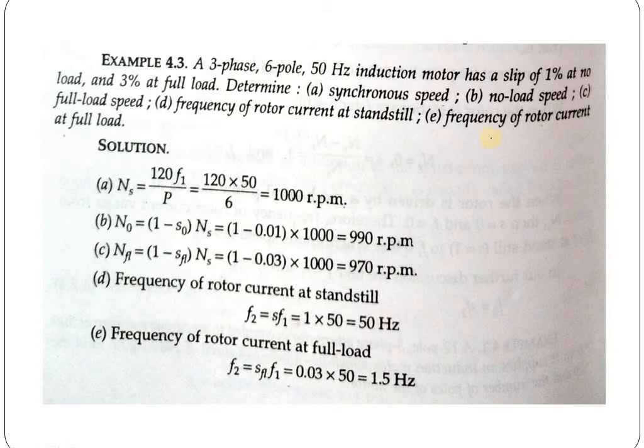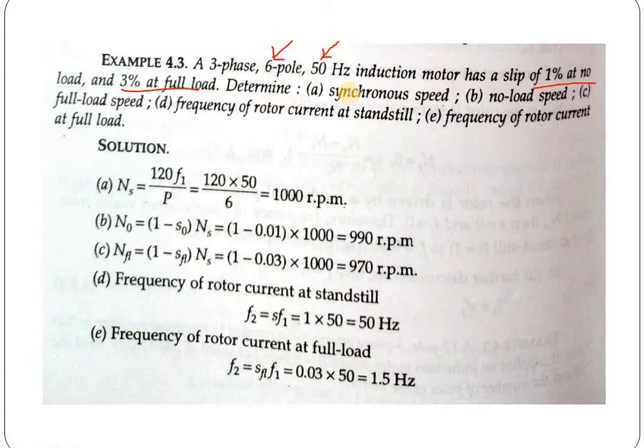That means in this problem the number of poles is 6, 50 Hz is the supply frequency, slip at no load condition is 1% and slip at full load condition is 3%. That means in both cases our rotor speed varies, so the slip percentage is also changed.